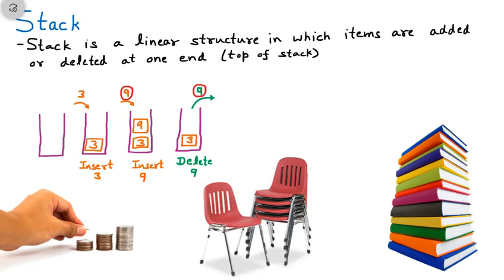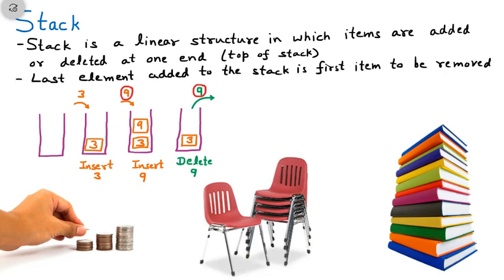So while insertion, 9 was the last element, and while deletion, 9 was the first element. That's why it is called LIFO, last in first out, or we can say that the last element added to the stack is the first item to be removed. So whatever the last element we are entering, that will be the first element during deletion. That's why we say the stack is a LIFO data structure.